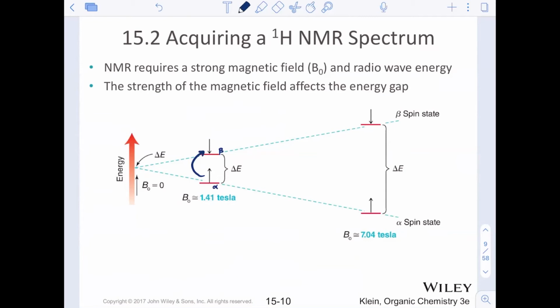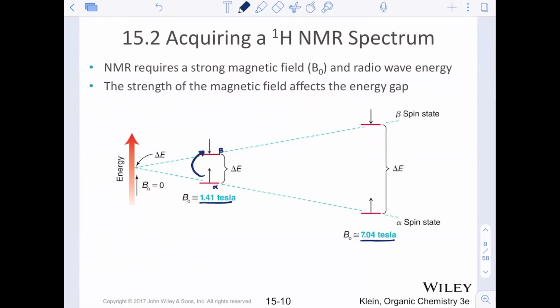But when we're talking about the applied magnetic field, we said the stronger the magnetic field, the bigger the gap will be. Now, magnetic fields can be measured in Teslas, not the car, but the magnetic field. At 1.41, small NMR, there's a small energy gap.